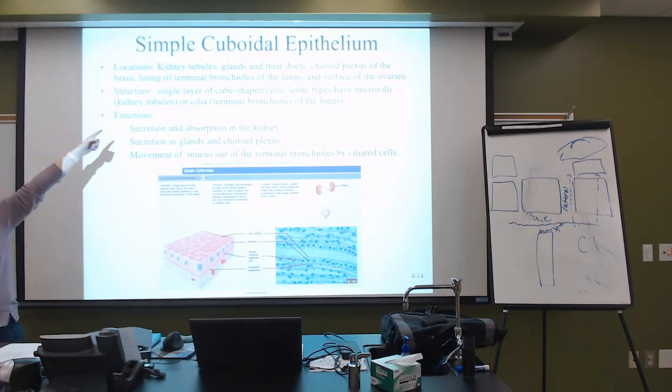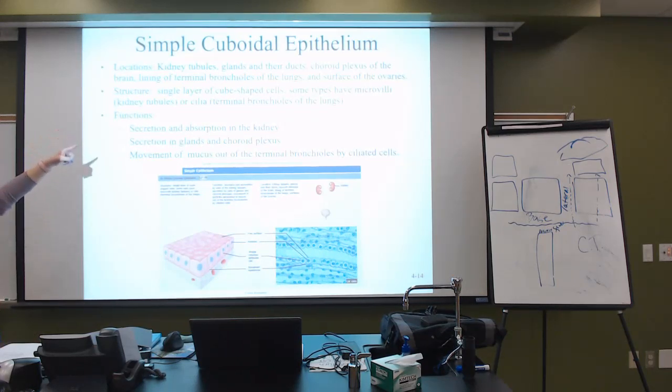This is the area of the brain that gives rise to cerebrospinal fluid. You'll get into that in part 2 also. Lining of terminal bronchioles, meaning the point where you're going to be reaching alveoli. And the surface of the ovaries.